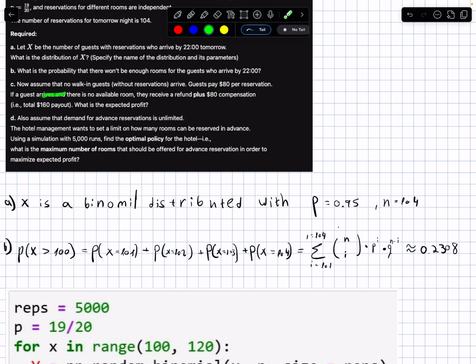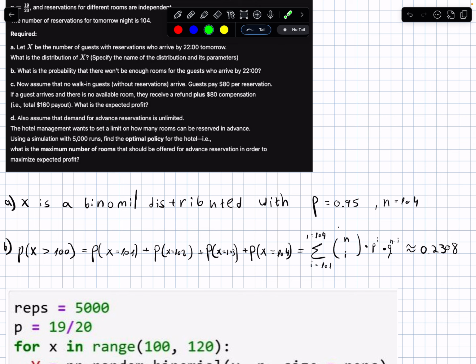If the guest arrives and there is no available room because of overbooking, they receive a refund of $80 plus a penalty of 1.6, so 80 times 1.6. Also assume that the demand for the reservation is unlimited.